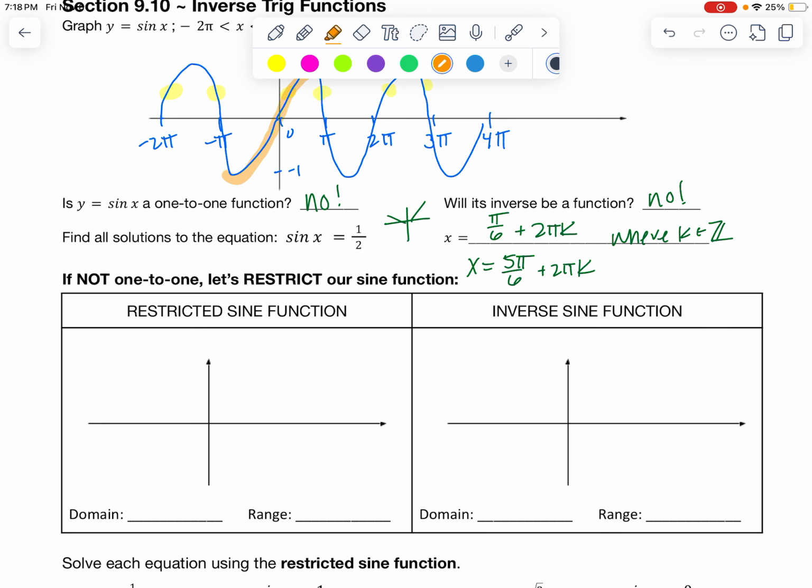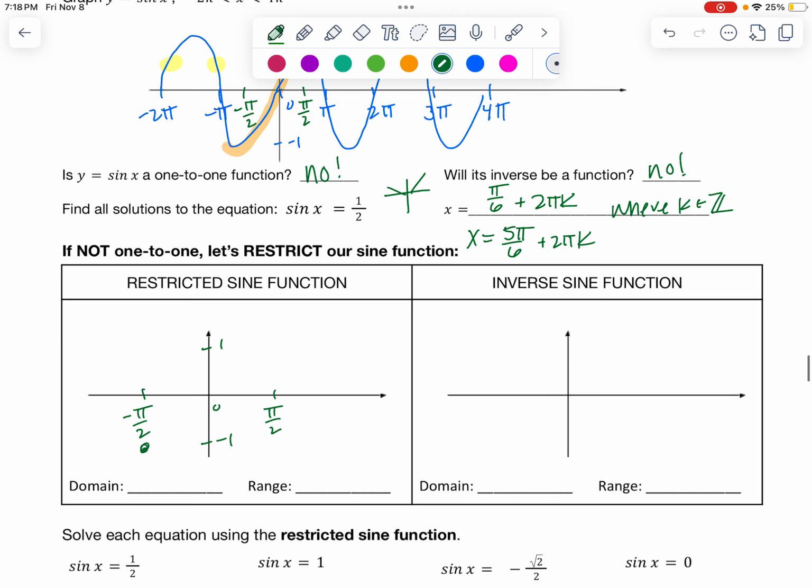Going back to my sine function, that's pi over 2, negative pi over 2, and here's pi over 2. So I'm going to start with negative pi over 2, 0, pi over 2. We're still going up to 1 and negative 1. So my first point is at negative pi over 2, comma negative 1, then 0, comma 0, then pi over 2, comma 1.